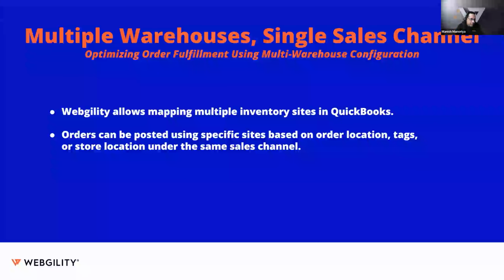Okay, multiple warehouse locations and a single sales channel. This is not the exact same scenario as multiple store locations on one channel. Let's say you have a very large business, just one website, but you're selling across all the different states in the country, and you're managing tens of thousands of products.